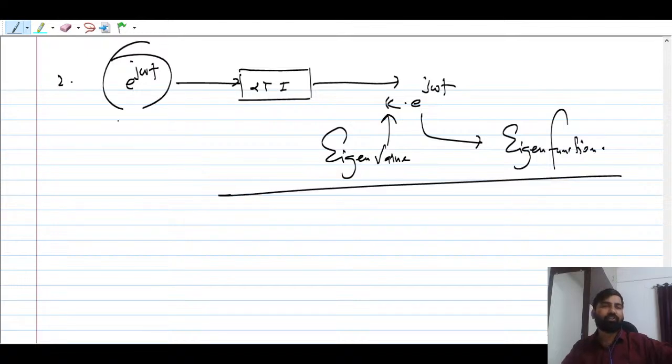Why eigenfunction? Because you are giving e raised to power j omega t to the LTI system, and it is just giving you the constant times the same input, same frequency. Understand? This is the property of the LTI system: how does your LTI system respond when you give exponential, when you give sinusoidal?